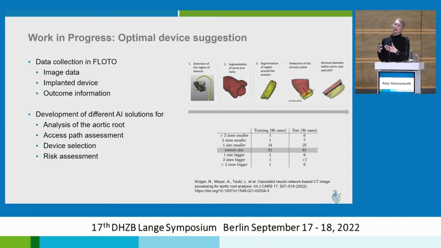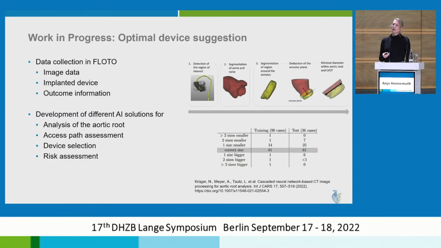Then a solution for the assessment of the access path. So as I showed, we also extract the whole aorta, and we can analyze diameter, calcification, whatever might be of interest here. Then the device selection, and finally, of course, the risk assessment.